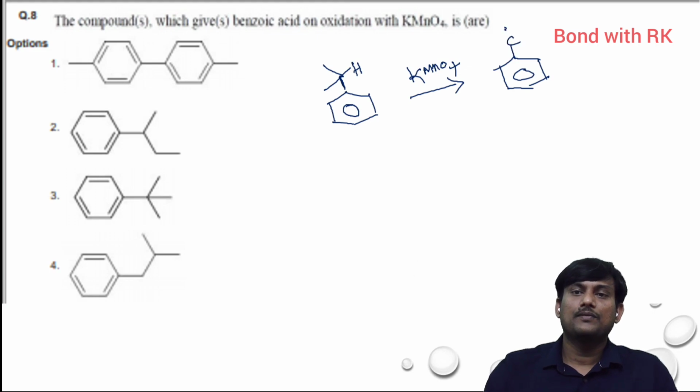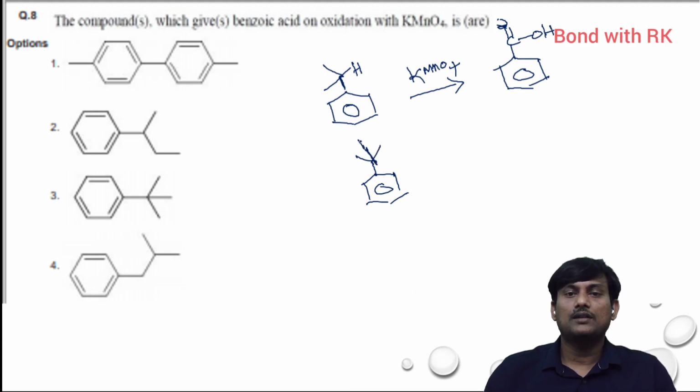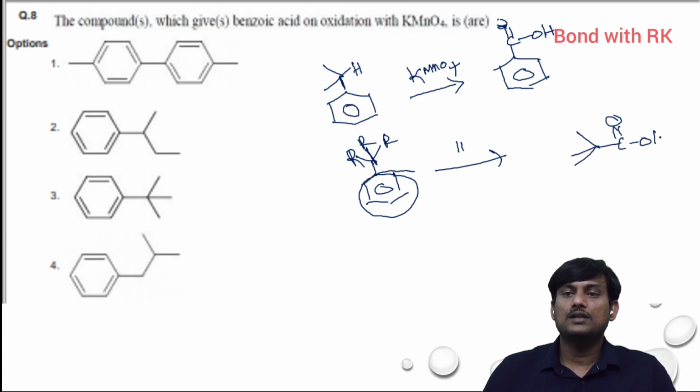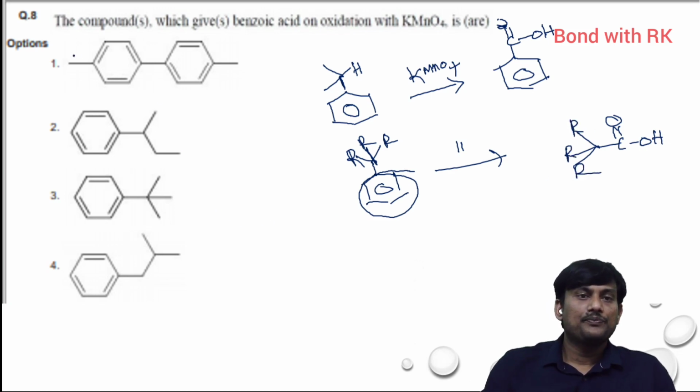This is the benzoic acid you will get. Suppose if this molecule does not have alpha hydrogen, all are alkyl groups, let us take R, in presence of KMnO4, this ring will be oxidized, and there is a formation of COOH and R. So here, this one will be converted into COOH, this one will be converted into COOH.